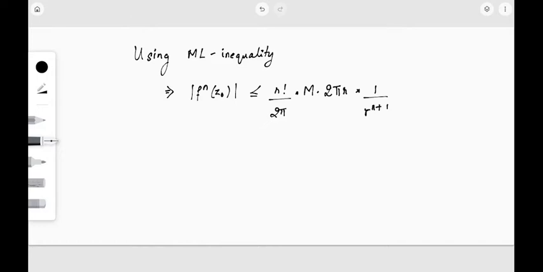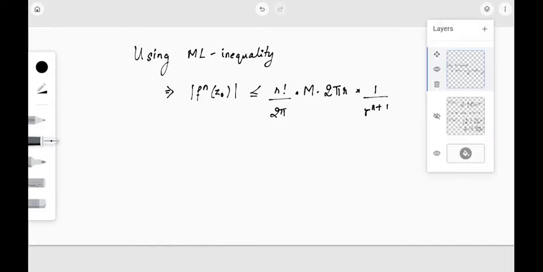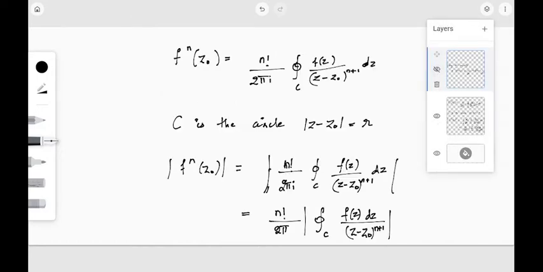Just see if you want to see this. Our modulus was n factorial by 2 pi, mod of the integral over C of f(z) dz. Now we know the modulus of a contour integral is less than or equal to M into L, where M is the bound of f(z) and L is the length of the contour. And then we have modulus of z minus z0 raised to n plus 1.